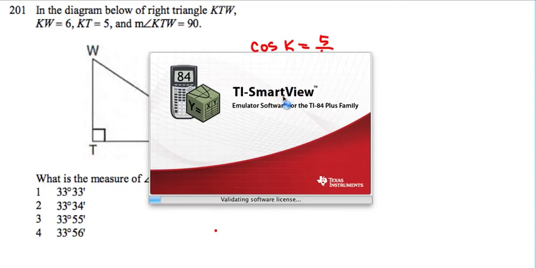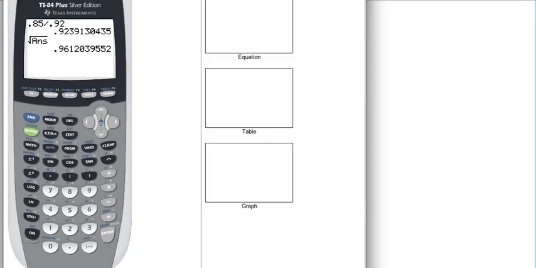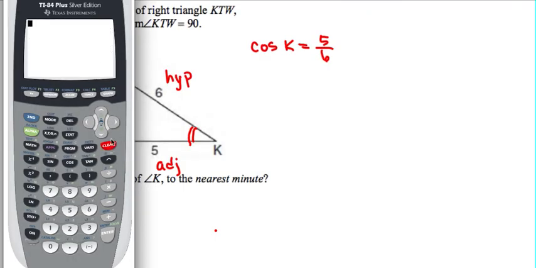As you get the calculator ready, press second cosine, then put down the ratio, 5 out of 6. Then when we press enter, it will get us the angle.